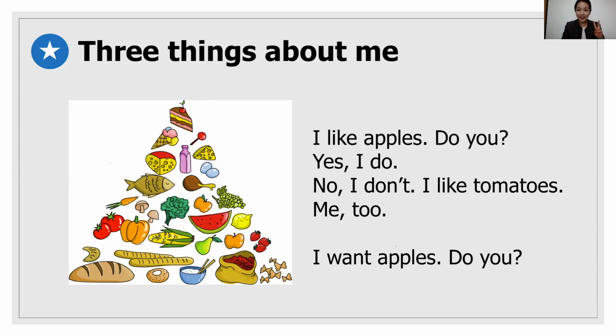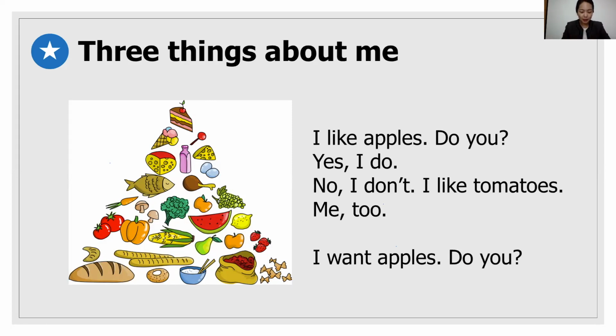And then second, ask them to draw three small pictures to show what they like to eat, for example apples, watermelon, chicken, whatever they want to draw. The three things, okay? Because this is about three things about me.